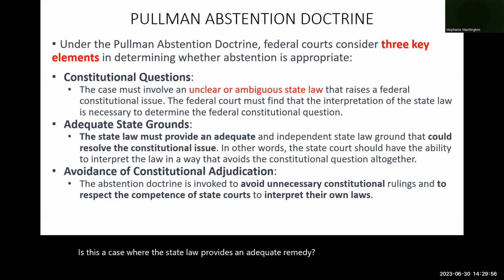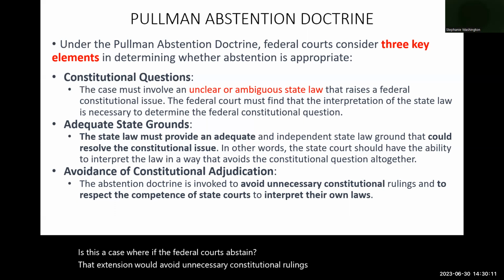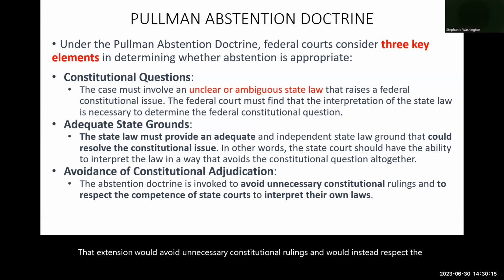Is this a case where if the federal courts abstain, that abstention would avoid unnecessary constitutional rulings and would instead respect the competence of the state courts? Here's the three things that I'm looking for.